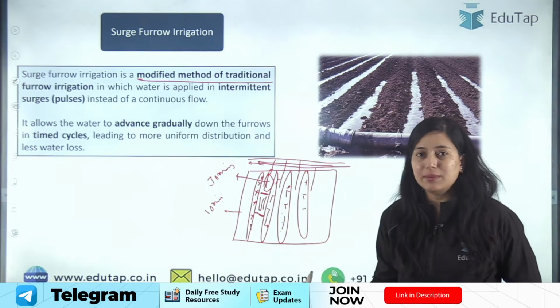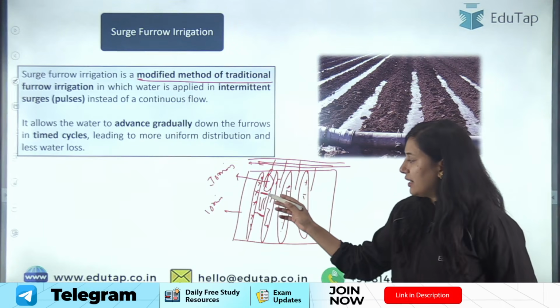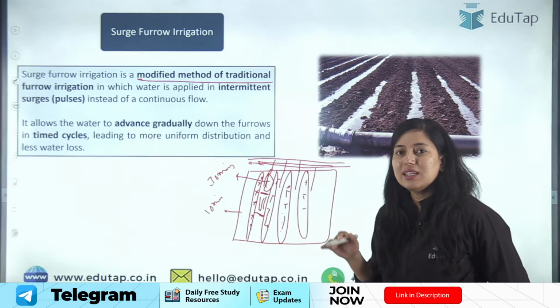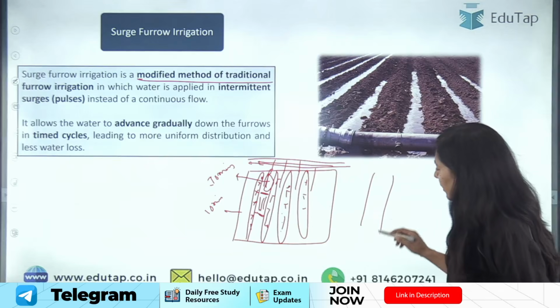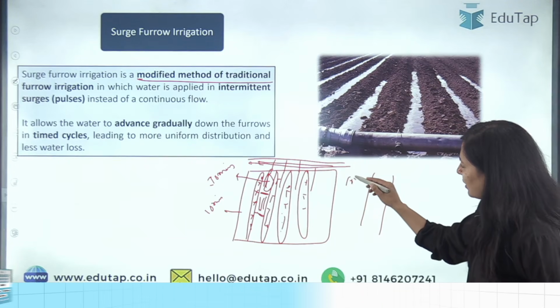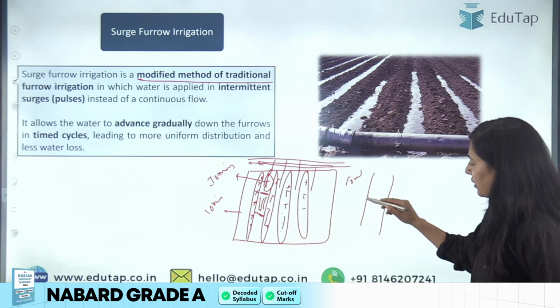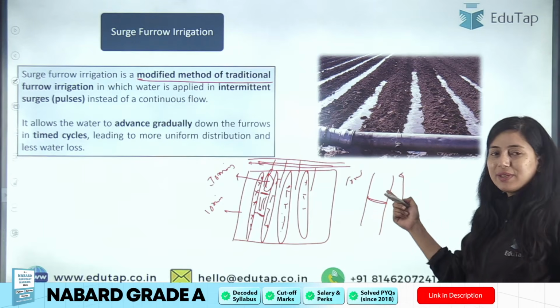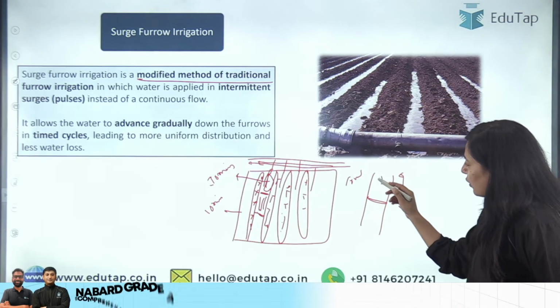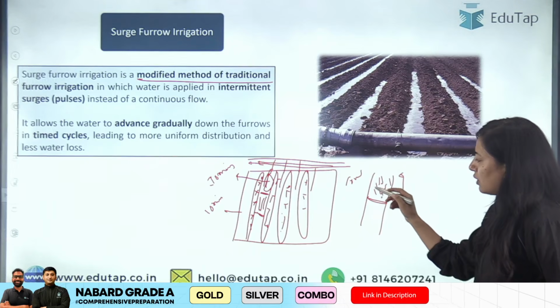Why is this done? Basically, students, this method is to seal the soil. What will happen when water moves to a certain point? At first, for the first 10 minutes, water will move over this much area. Water will go inside the soil quickly, because the soil does not have water.